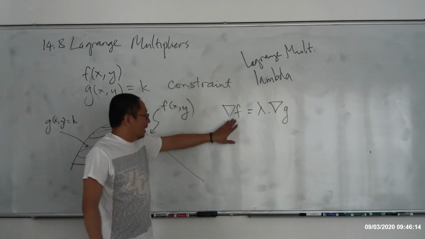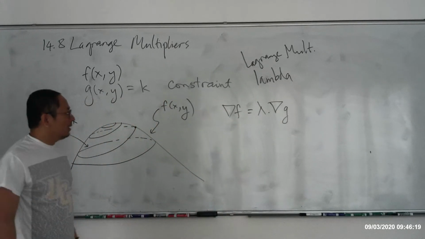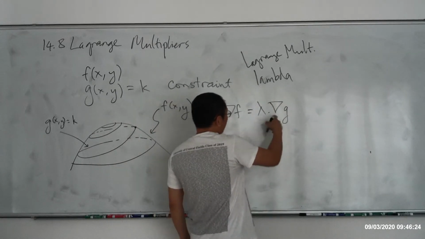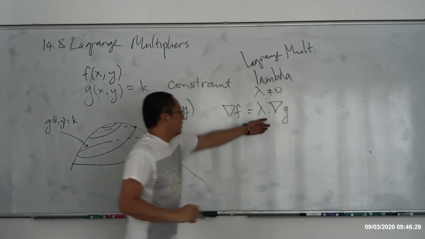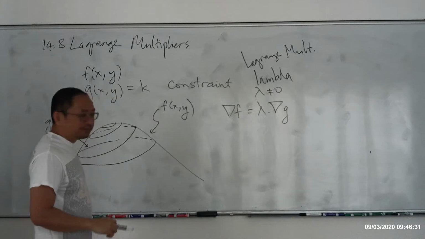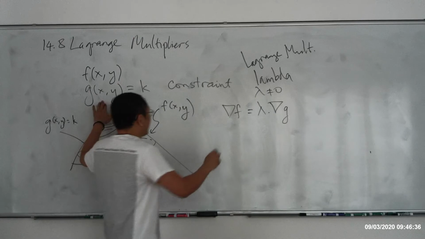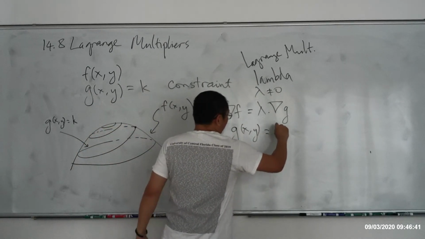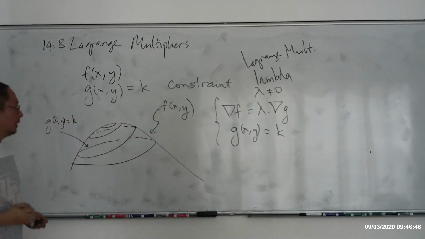So we have gradient F equal to lambda gradient G. Lambda is some kind of constant, and since those are non-zero vectors, lambda cannot be 0. If it is 0, then we have a zero vector, and it can point anywhere. Then together with the constraint right here, you satisfy the values of x and y, and you can find the maximum or the minimum. That was the idea.